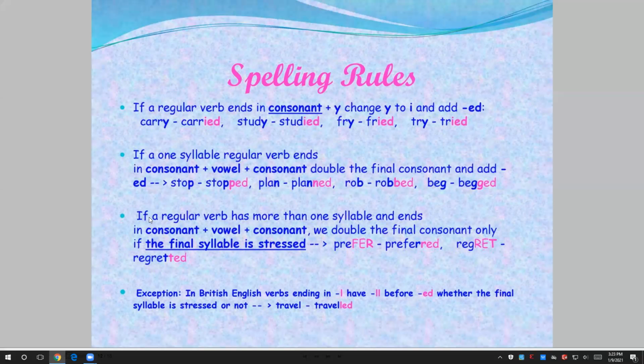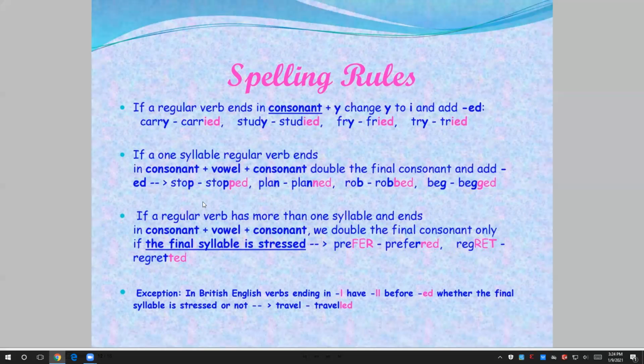Now, the other rule is for a regular verb that has more than one syllable. The previous rule was about a verb with only one syllable and this combination at the end, consonant plus vowel plus consonant, where we doubled the final consonant. But if a regular verb has more than one syllable and ends in consonant plus vowel plus consonant, we double the final consonant only if the final syllable is stressed.